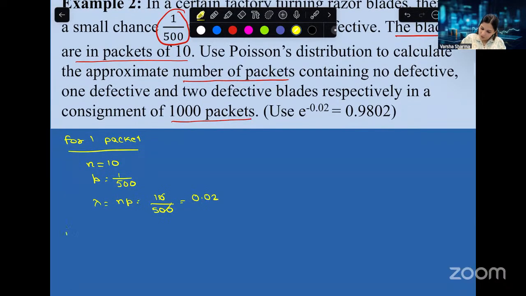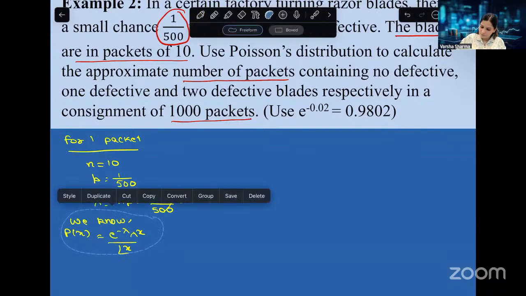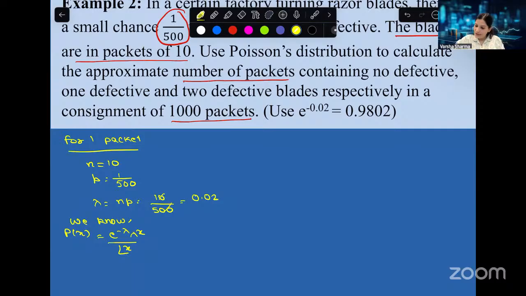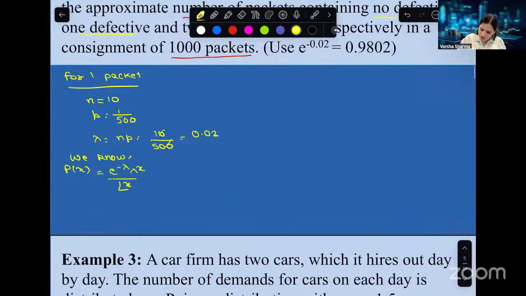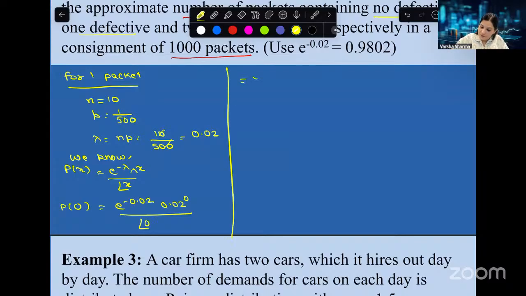Now, P of x we know. We want packets containing no defective, one defective, two defective. Individually, first P of 0: e power minus lambda, lambda power 0 by factorial 0. E power minus 0.02, which is 0.9802. This is the probability for one packet to have zero defective blades.